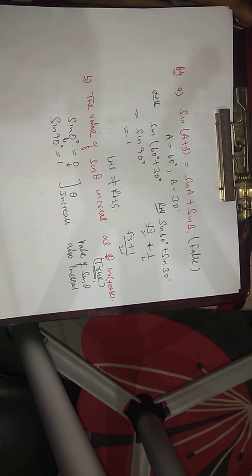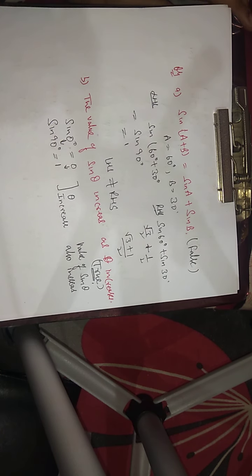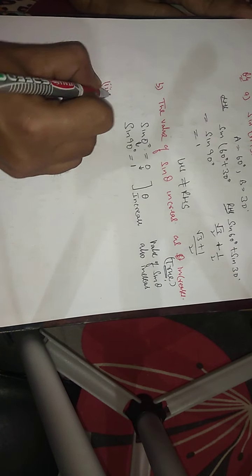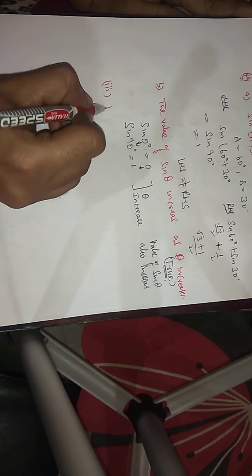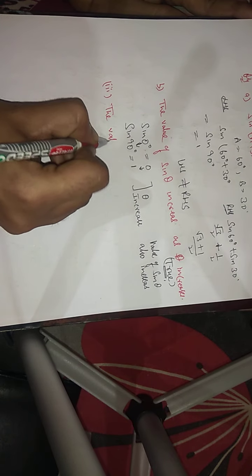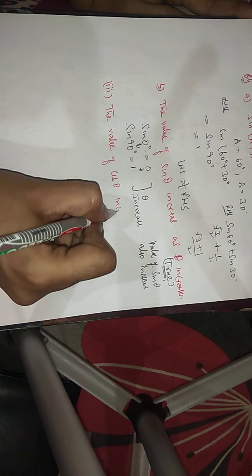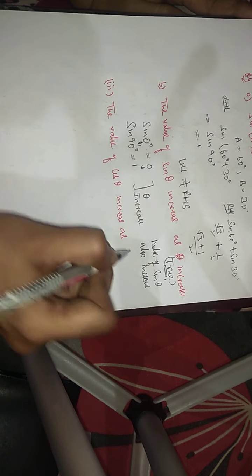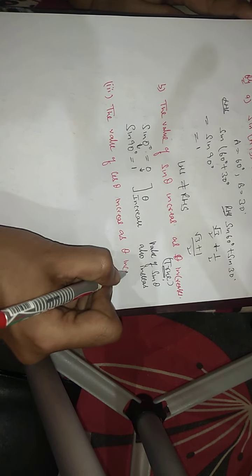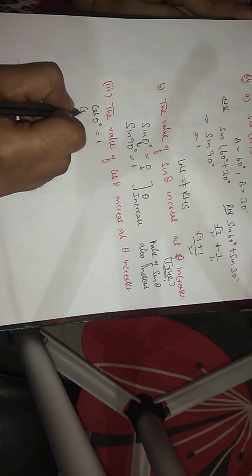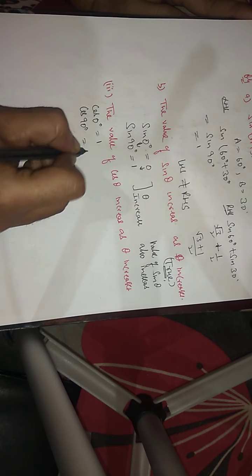In the same way, there is the same statement for cos that we are given. Part number 3. We are given that the value of cos theta increases as theta increases. So the value of cos theta, as we know, cos 0 is 1, cos 90 is 0.